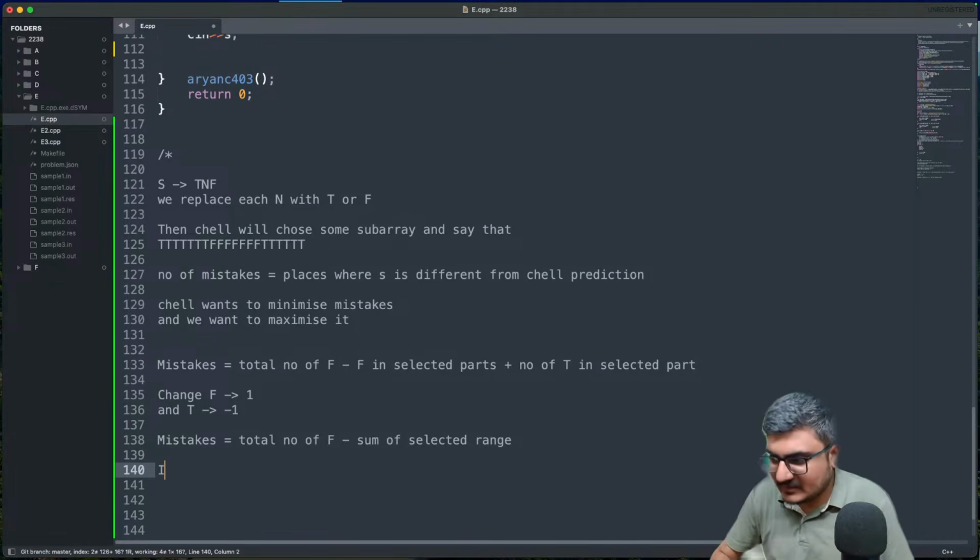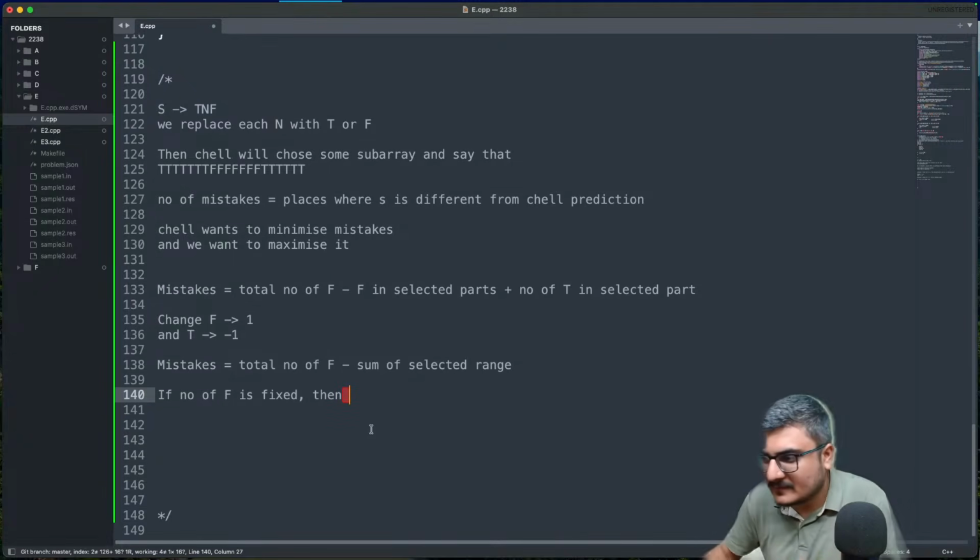So if number of F is fixed, then minimum number of mistakes is total number of F, which is constant, minus maximum subarray sum, right?